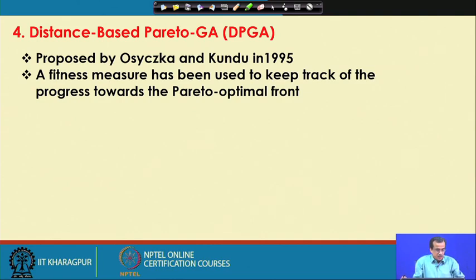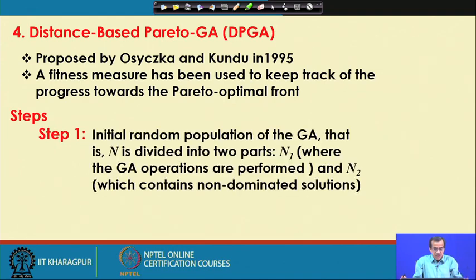Now, in step 1, the initial random population of the GA, that is capital N, is divided into two subpopulations, N1 and N2. N1 is a subpopulation where we use all the GA operators, and N2 is a subpopulation which contains all the non-dominated solutions.